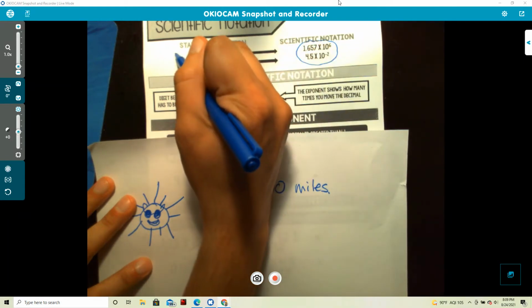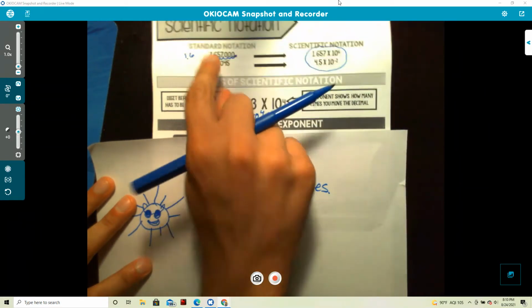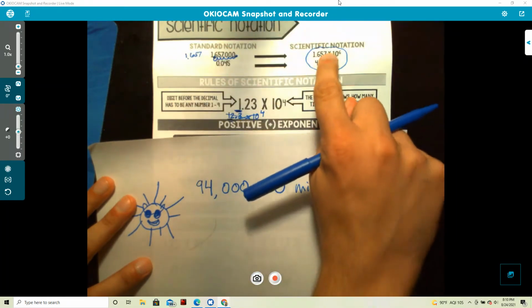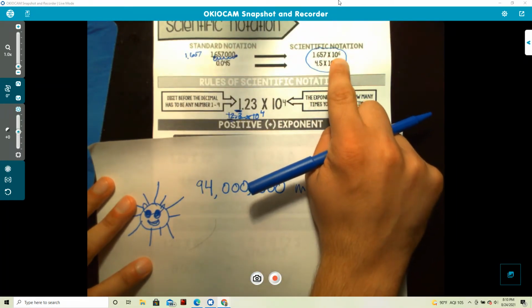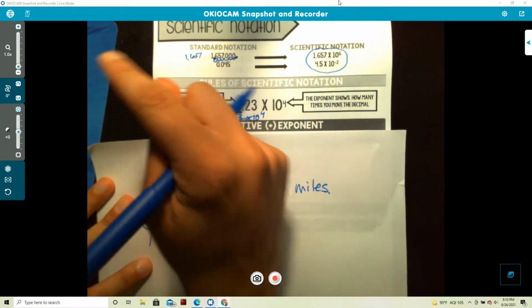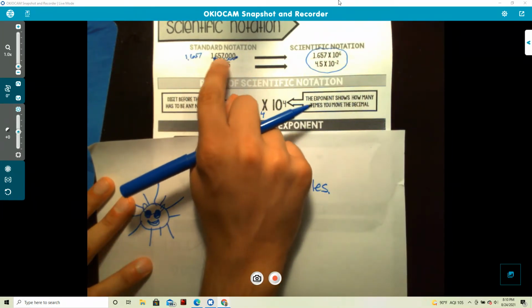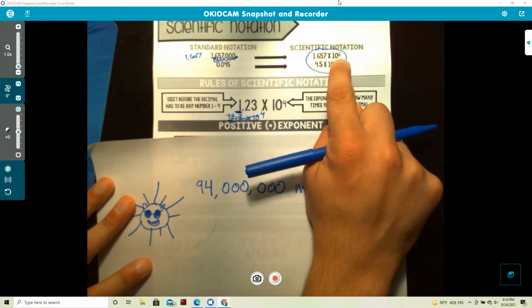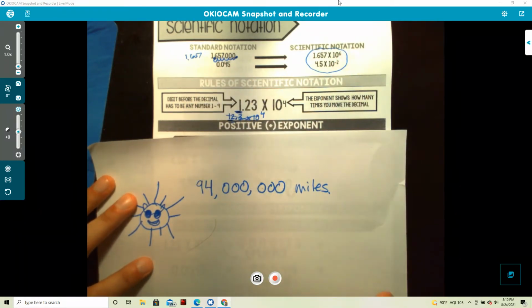We would get 1.657, which is what they got right here, 1.657 times 10 to the power of 6. Since we moved the decimal 6 times over to the left to express this large number, we put the exponent to the 6th power.